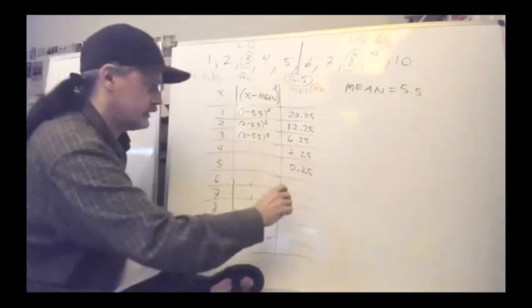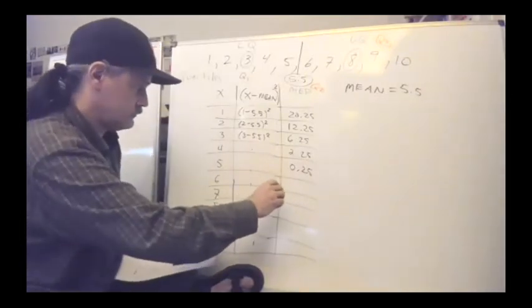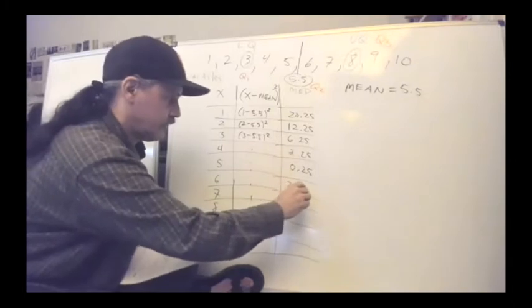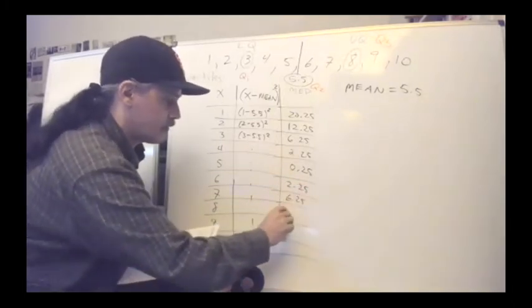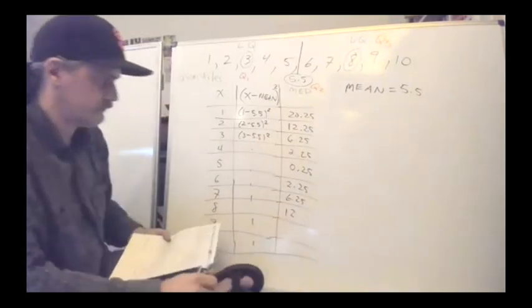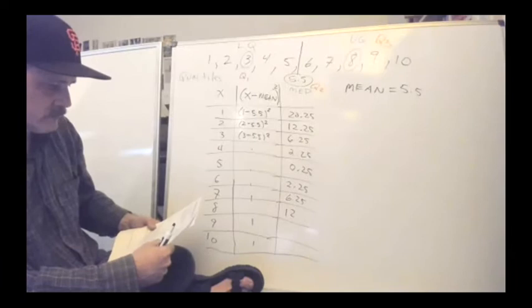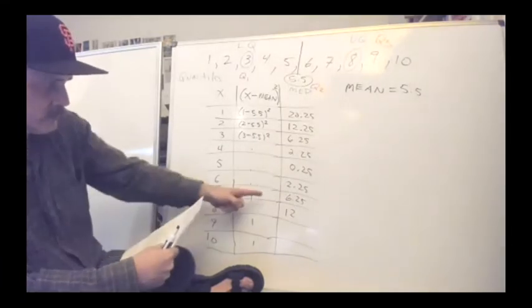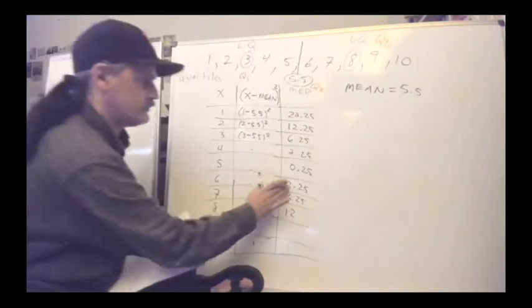So I'll just write them down. This is what you should be getting after you subtract and square. No, wait, I think I forgot one too, did I? Oh, this is also 0.25.